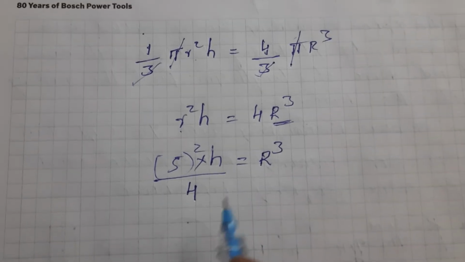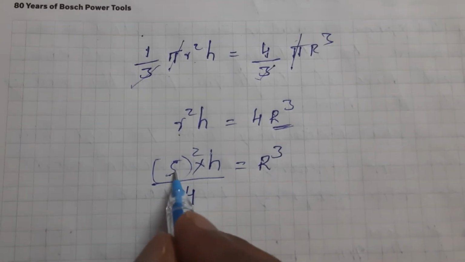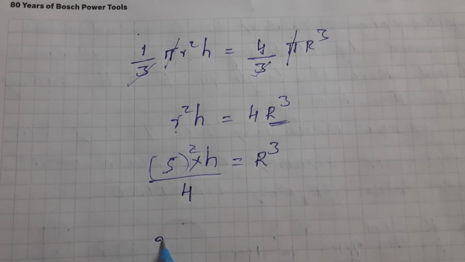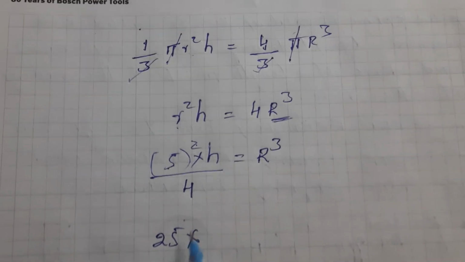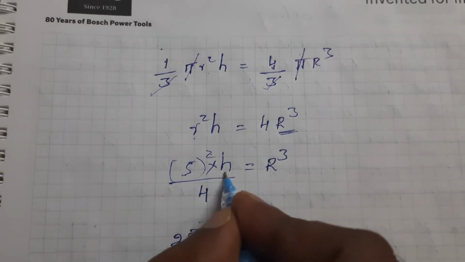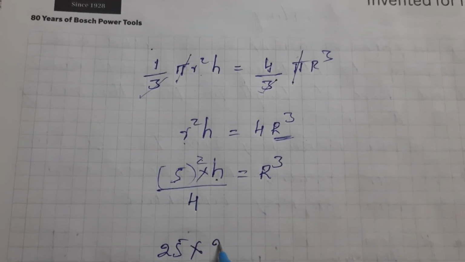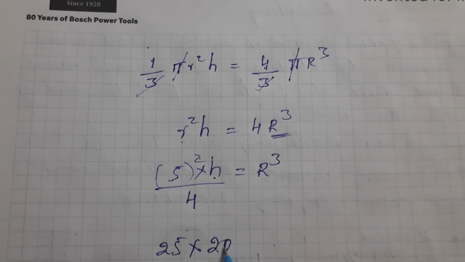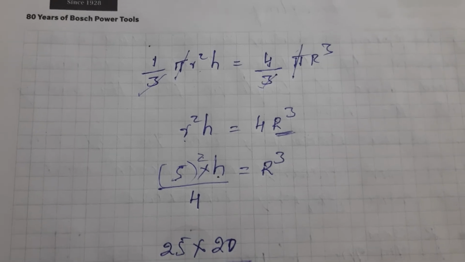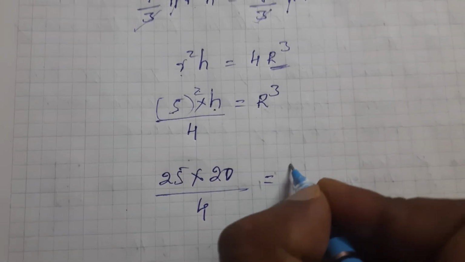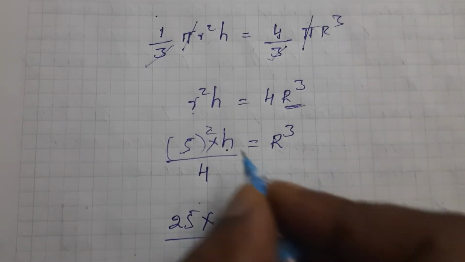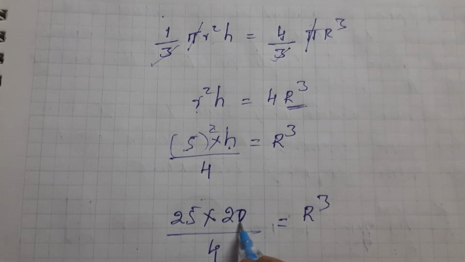Okay, so 5 square means 25, and they given the height of the cone, that is how much, 20. Okay, divided by 4, that is equal to r cube. They given the h also, the height of the cone.